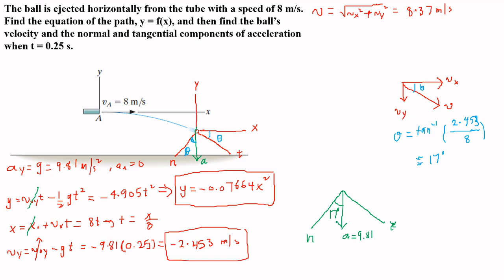So now simply what will an be, the normal component of acceleration? Here an would be just 9.81 cos 17. If you do the calculations, I got 9.38 meters per second squared. And at would be simply 9.81 sine 17.